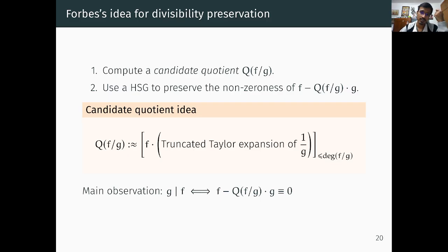But once you set things right, the main observation to prove here is that G divides F if and only if F minus the pseudo quotient, or the candidate quotient, times G is equal to 0. So if you can preserve the non-zeroness of F minus Q times G, then you can preserve the divisibility or the non-divisibility of G and F.